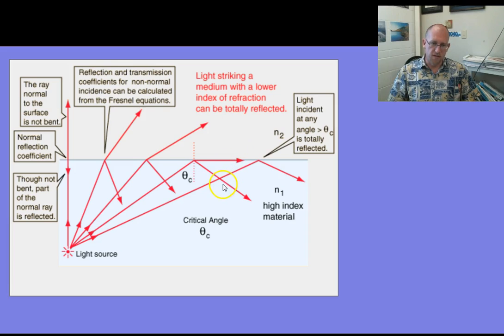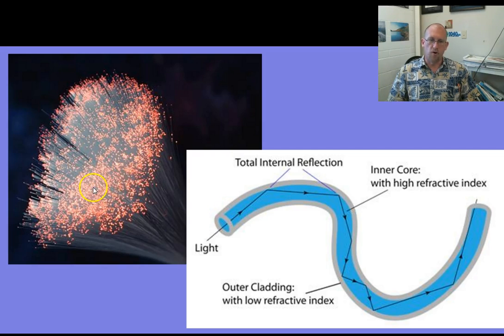It turns the light and brings it back into the water. And so any angle greater than that, light just reflects. The refraction turns it so much that it brings it back into the water. Okay, so this is called total internal reflection, and we use it again in fiber optics.